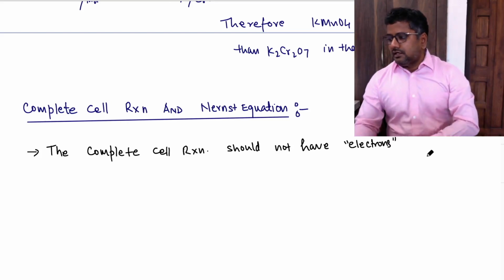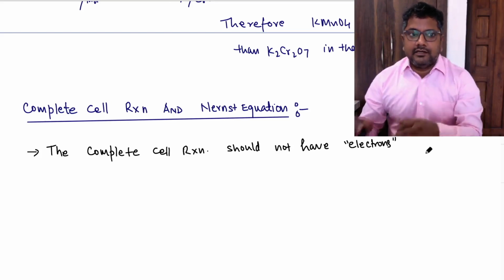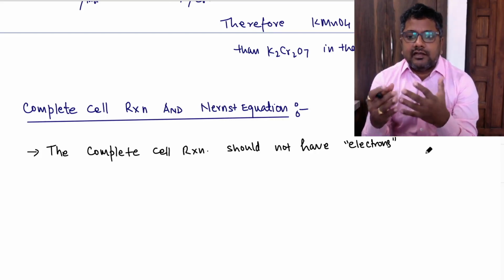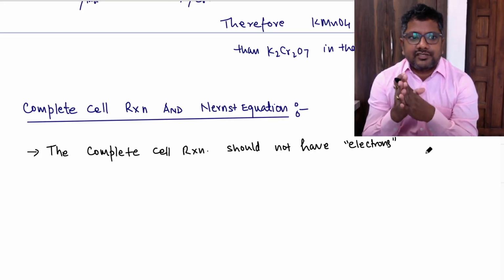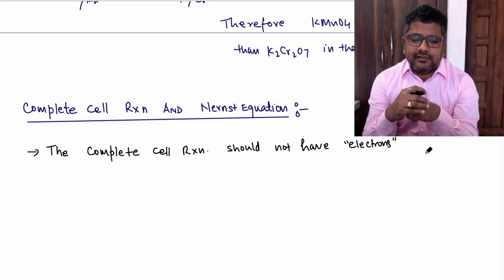Suppose that if you are given any equation, and in that equation electrons are present, then that is not treated as a complete cell reaction, right? Electrons should not be there.